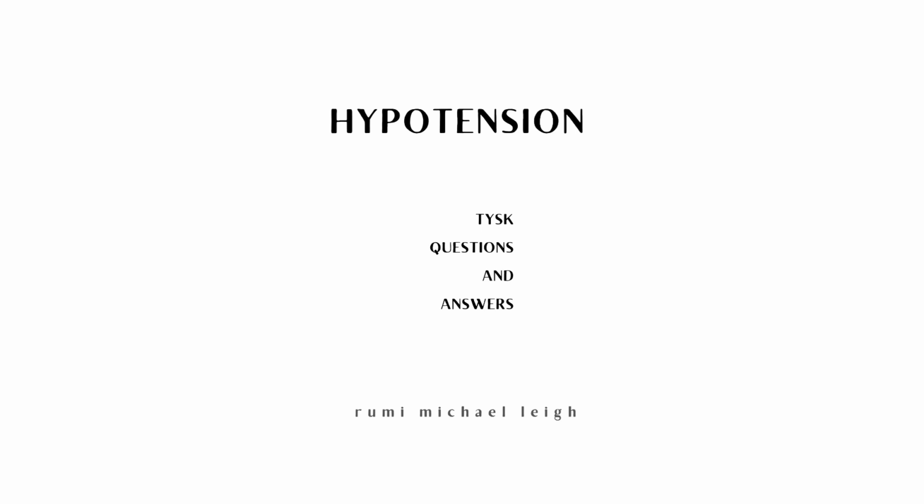7. What is the function of the heart? The function of the heart is to pump blood to all parts of the body. 8. What is heart failure? Heart failure is when the heart can no longer pump blood effectively. 9. What is a heart attack?